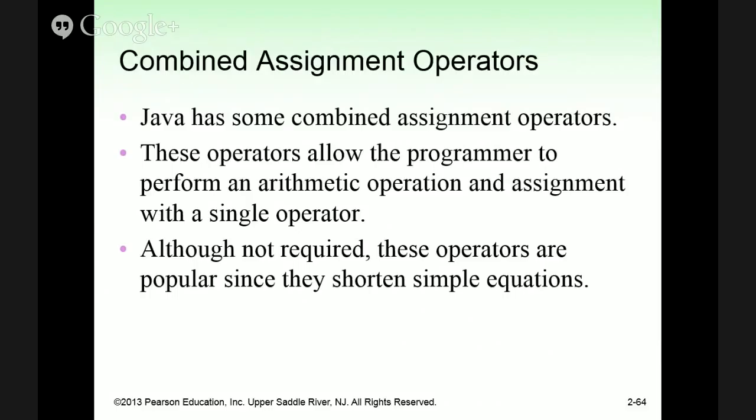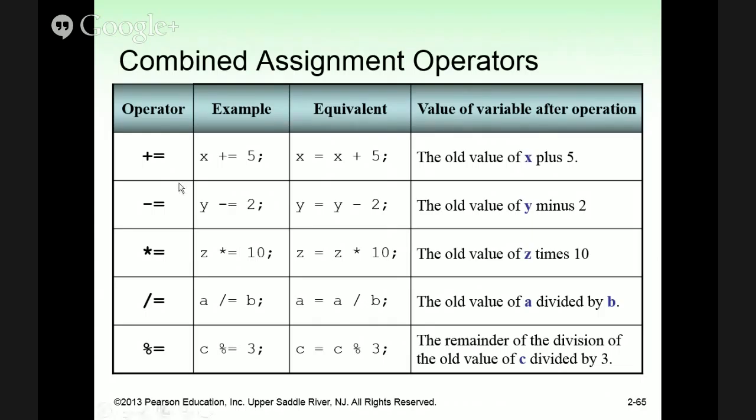You can also combine the assignment operators, which shouldn't really be surprising. You can do it in algebra. But these combined assignment operators are a little different. Let's look at some of these.